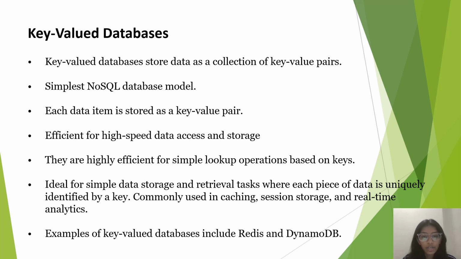They are highly efficient for simple lookup operations based on keys, ideal for simple data storage and retrieval tasks where each piece of data is uniquely identified by the key, commonly used for caching, session storage, and real-time analytics. The examples for key value databases are DynamoDB and Redis.